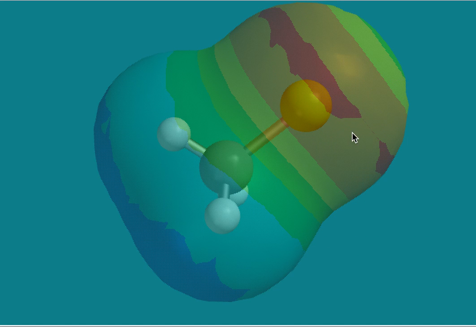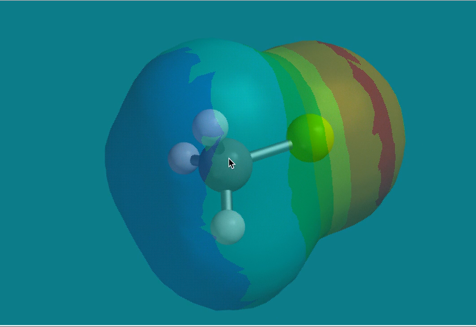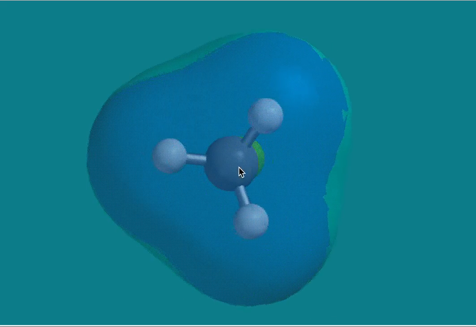Now, if we're looking at the electron density map of this molecule, we can see that the halide is more red, orange, greater electron density, and the carbon and the hydrogens are more bluish with less electron density.